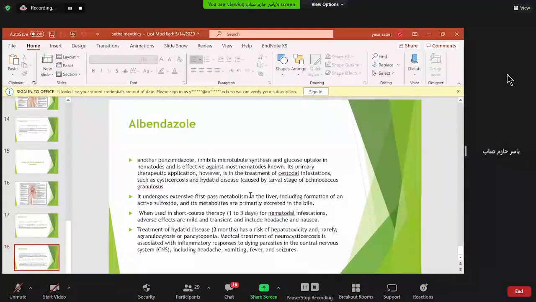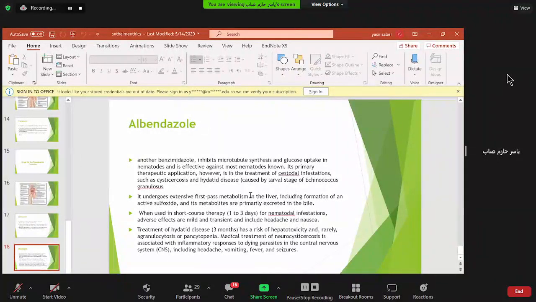Finally, albendazole may be one of the most important antihelminthics. Another benzimidazole, it inhibits microtubule synthesis and glucose uptake, and is effective against most nematodes. However, its primary therapeutic application is the treatment of cestodal infestation such as cysticercosis and hydatid cyst, caused by the larval stage of Echinococcus granulosus.